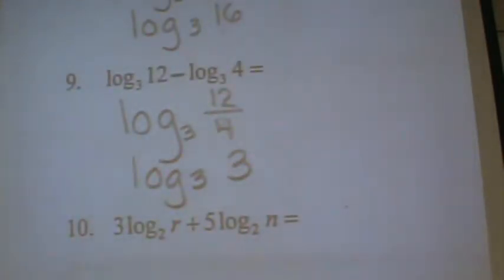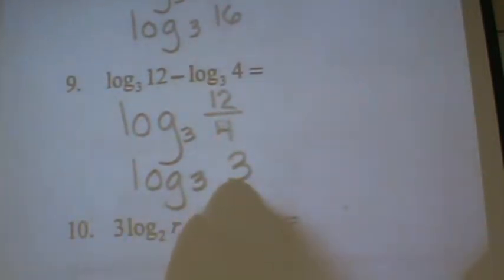So if the bases are the same and you're subtracting, you are dividing. What is 12 divided by 4? And if someone said simplify this problem, what answer would you put down? What is the log of 3 base 3? 1.